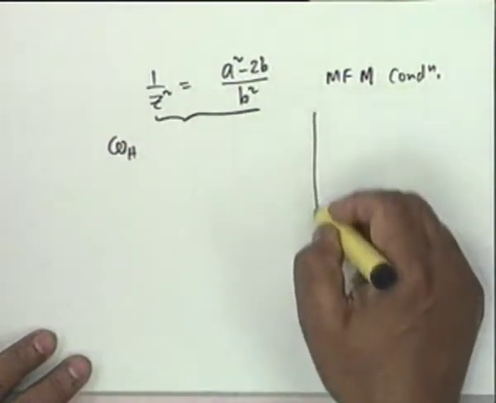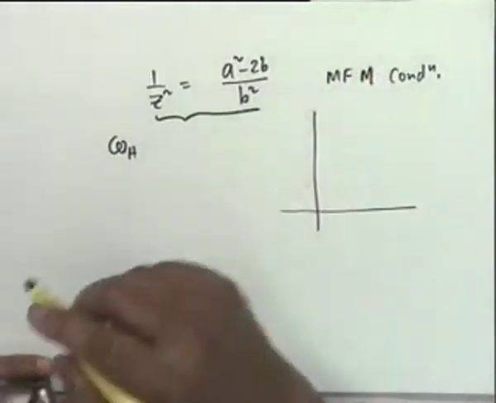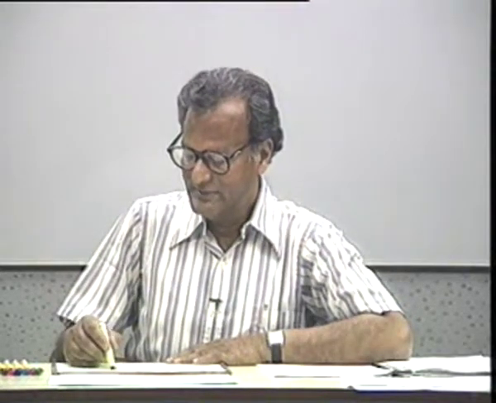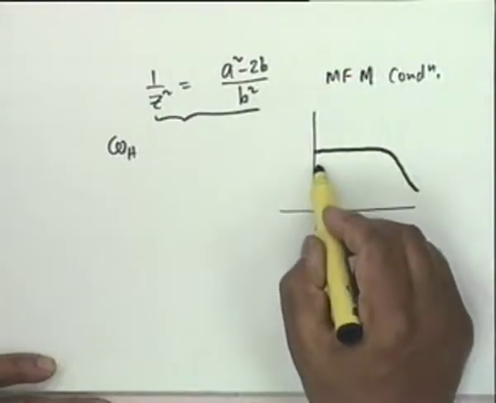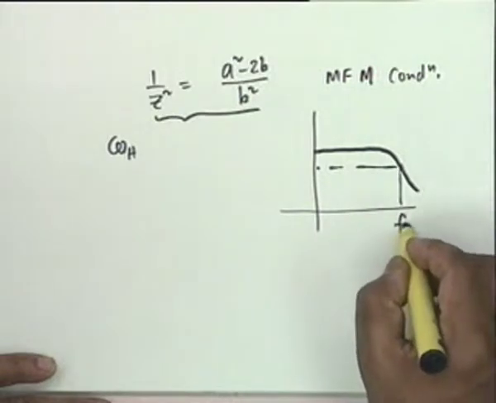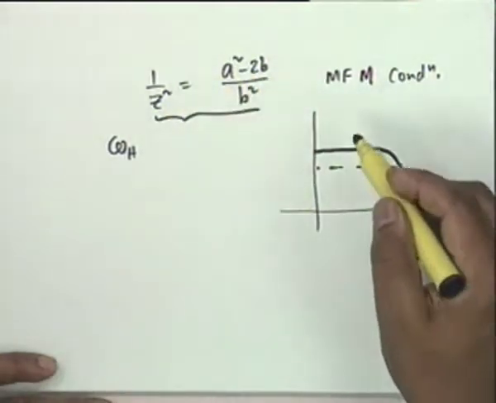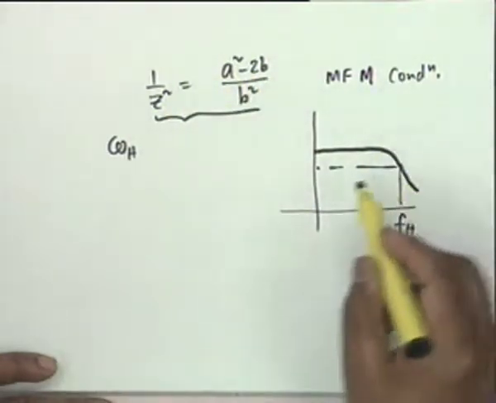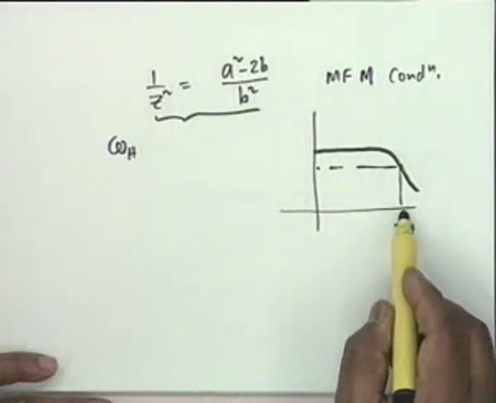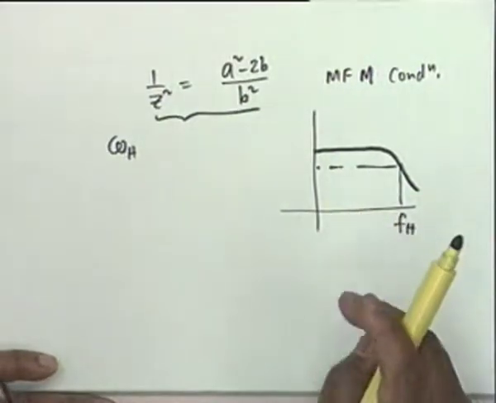It means that if you permit no peak in the frequency response, no peaking in the frequency response, then this gives the maximum possible value of f sub h. Agree? It gives the maximum possible value of f sub h. If this condition is not obeyed, then it will go either peaking or it will come down in a less flat fashion. It will come down more rapidly.